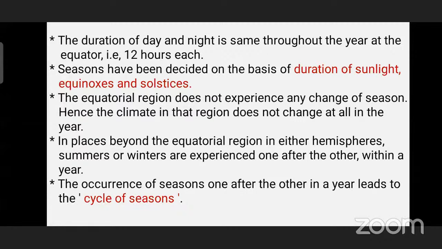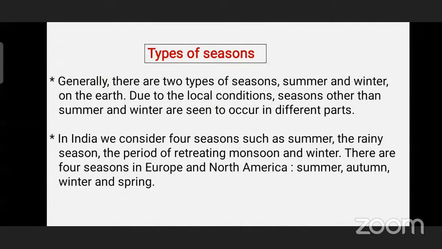Now we will see in the next slide which seasons we can see on the earth. Generally there are only two types of seasons, summer and winter, on the earth. But due to local conditions, seasons other than summer and winter are seen to occur in different parts.